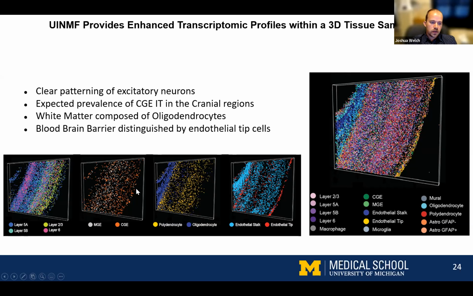We can see the distinction between medial ganglionic and caudal ganglionic eminence-derived interneurons, where the CGE interneurons tend to be in the upper layers. We can see that polydendrocytes and oligodendrocytes are also somewhat separated, and we can see differences in frequency between endothelial stalk and tip cells in different layers. And all of this accords well with what's known about the features of the cortex.